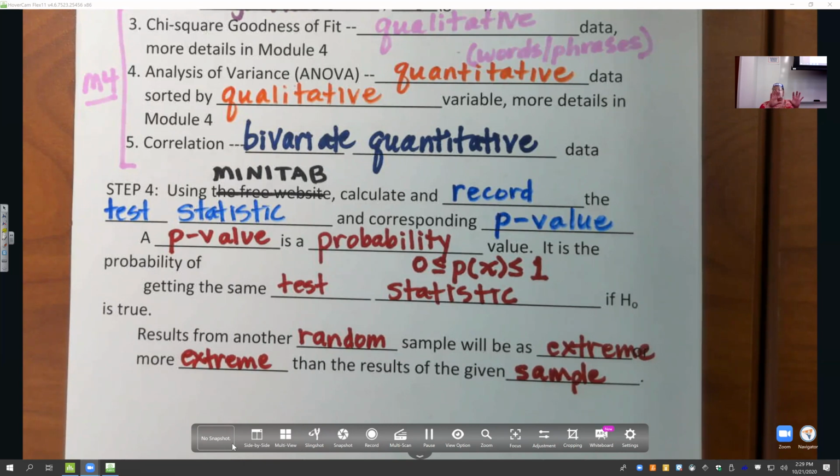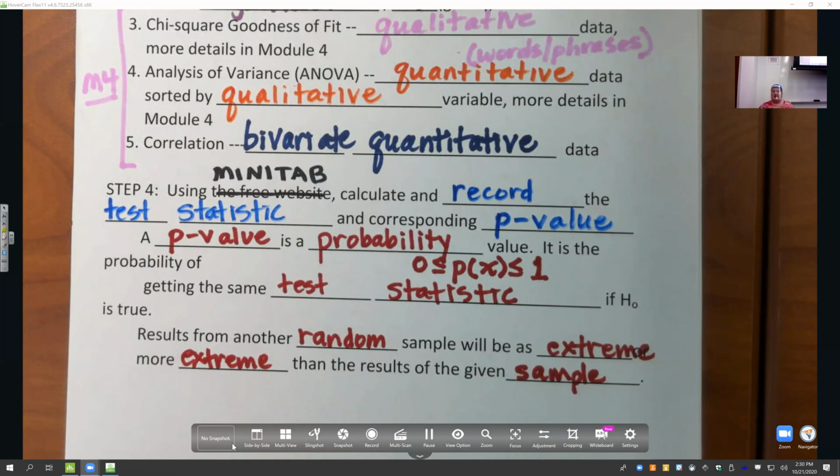Minitab or other technologies will calculate the test statistic and its p-value for you, because every test statistic has its own unique p-value. So Minitab, calculator, other software are going to calculate that for you. You have to interpret that information.